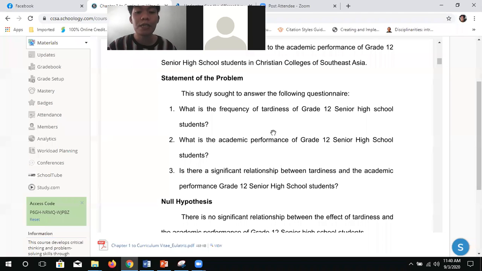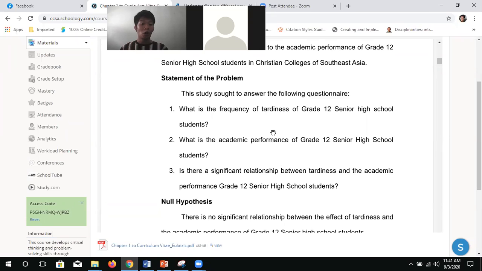What is the frequency of tardiness of grade 12 senior high school students? What is the academic performance of grade 12 senior high school students? And SOP number 3, is there a significant relationship between tardiness and academic performance of grade 12 senior high school students? Because the purpose of the study is to determine if there's a significant relationship between the tardiness and academic performance of the students.